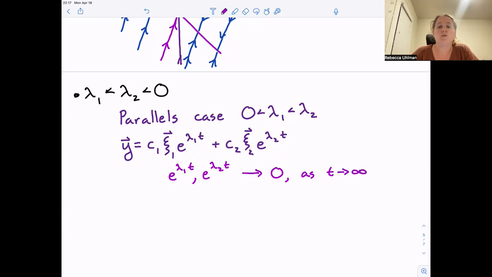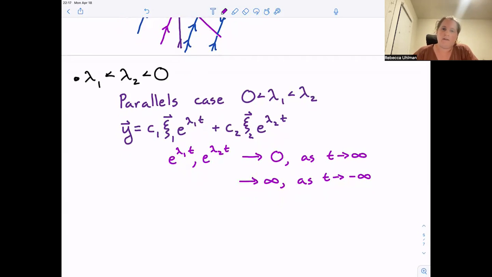Since lambda1 and lambda2 are both negative, they both go to infinity as t goes to negative infinity. Because lambda1 is further from 0, e to the lambda1t will go to 0 faster. And so the psi2 component will win out as t goes to infinity.